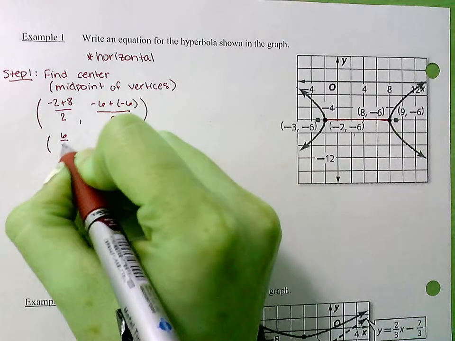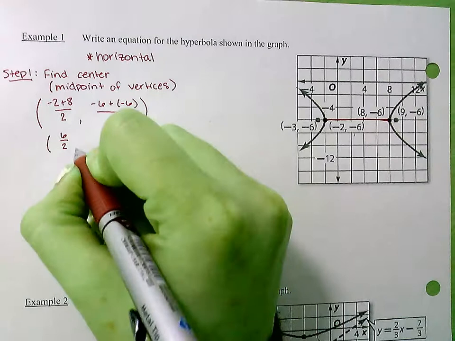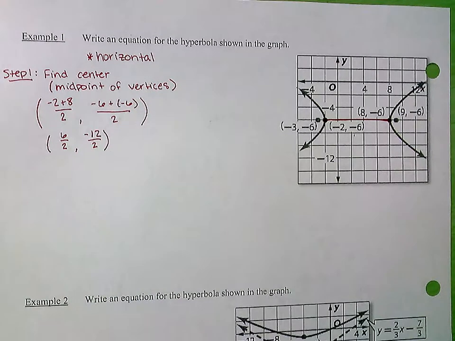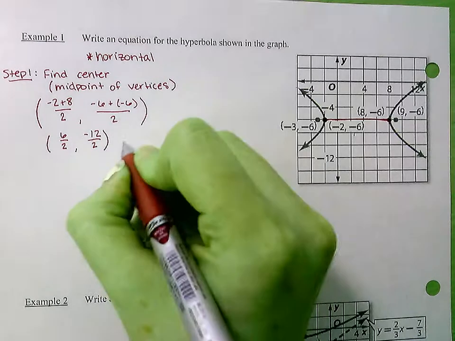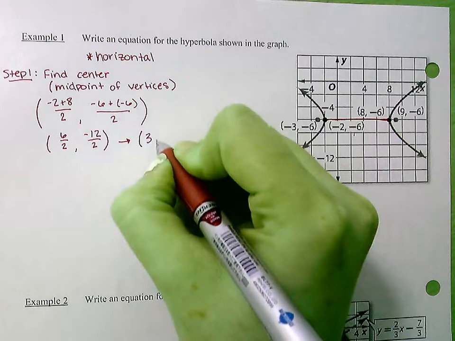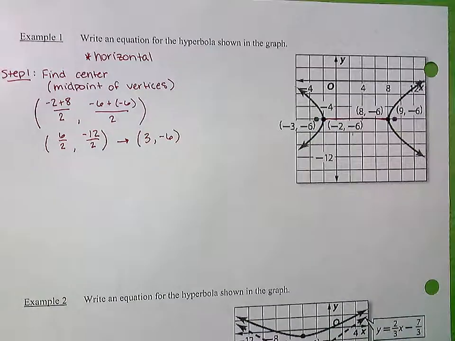So I'll end up with 6 over 2, -12 over 2. Okay, which will give me 3, -6 as my center point.